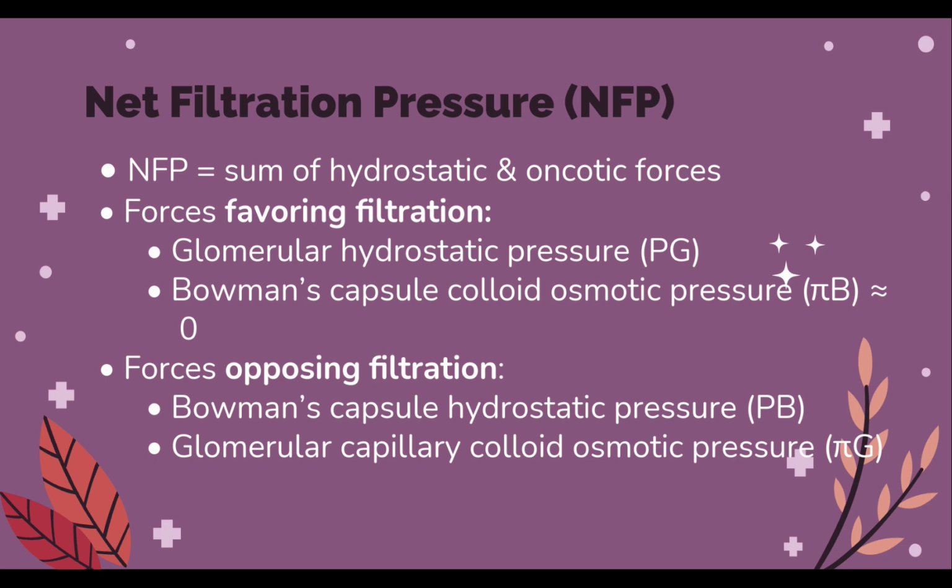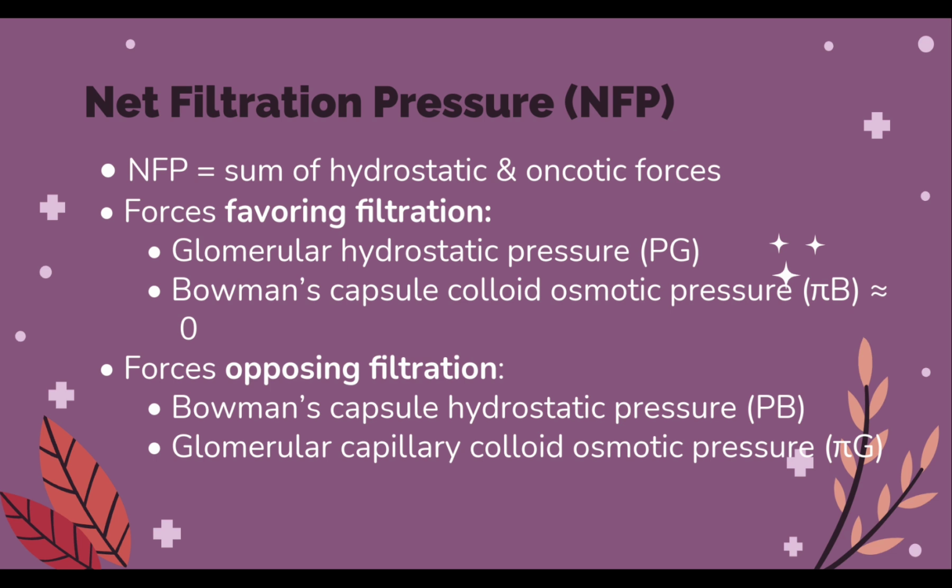As I told you previously, net filtration pressure is the sum of hydrostatic and oncotic forces. So what are the forces in play? When we talk about the hydrostatic and oncotic forces, there are forces which favor filtration and forces which oppose filtration.